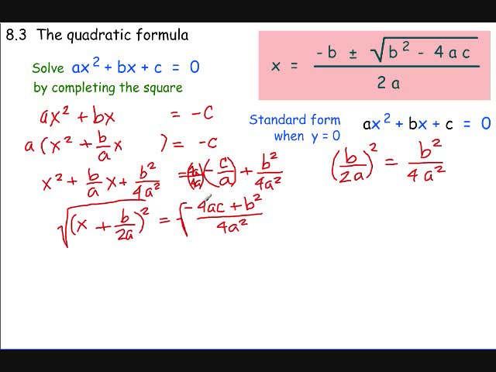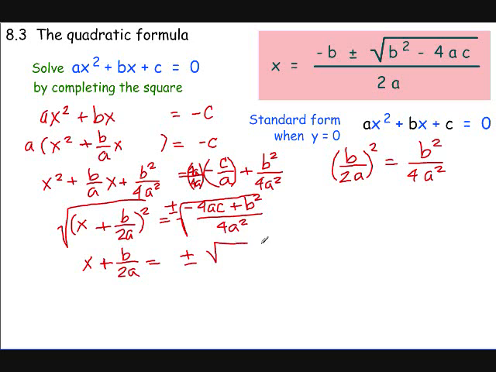On this side, of course, I'm going to do plus or minus. So I end up with x plus B over 2A equals plus or minus.